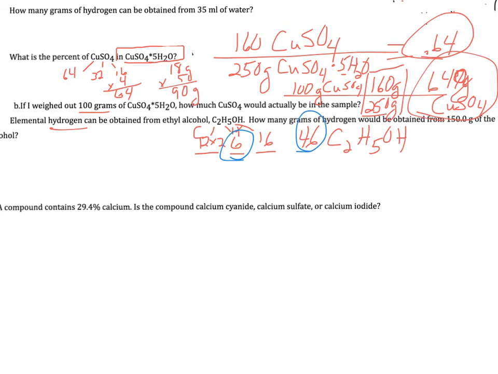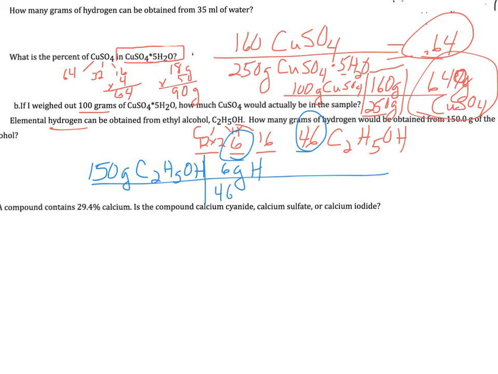So if we set up a dimensional analysis here, we have 150 grams of C2H5OH. Sorry about the dog barking. I don't know if you can hear her. And then it's 6 grams of hydrogen per 46 grams of the C2H5OH.